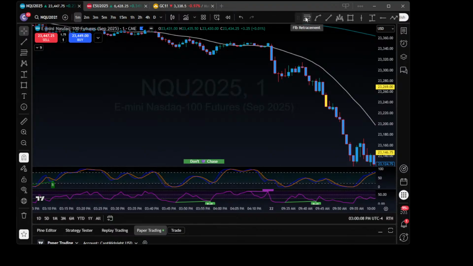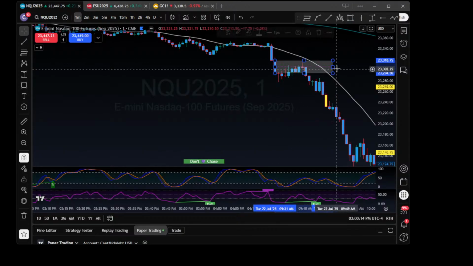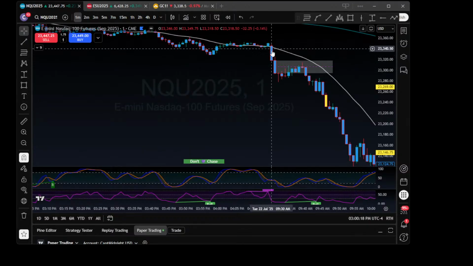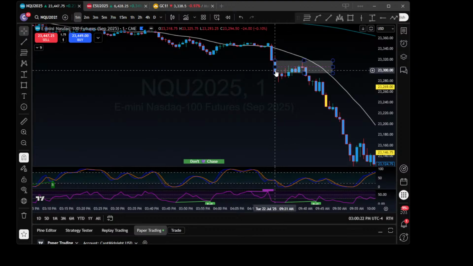So I'm gonna say no trade because it never hit the fair value gap again. That's what we're looking at. But again, let's look at the next option. Breakaway gap into this fair value gap that was created here.